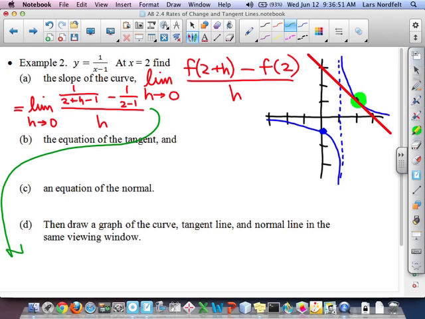If you need some more room on yours, I used to have some page extenders here, but they're in my other classroom. So 1 over 1 plus h minus 1 over h.